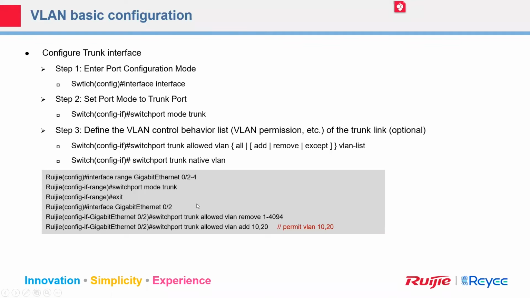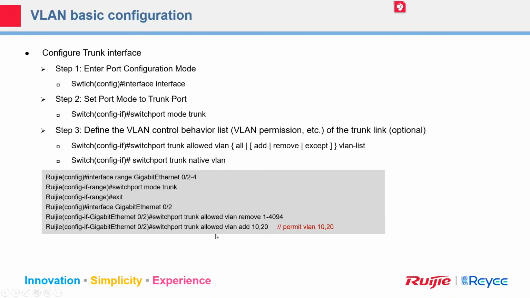So there is a typical command. Enter the interface and change the mode to trunk. And of course, maybe this interface is usually used to connect with a switch. And then enter the specific command to allow VLAN remove from 1 to 4094. That means this command is used to let the interface not forward any VLAN.